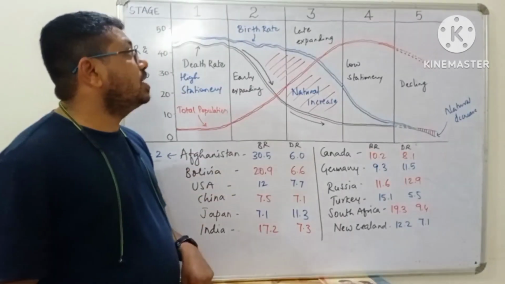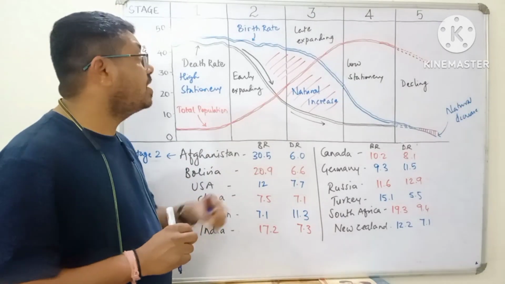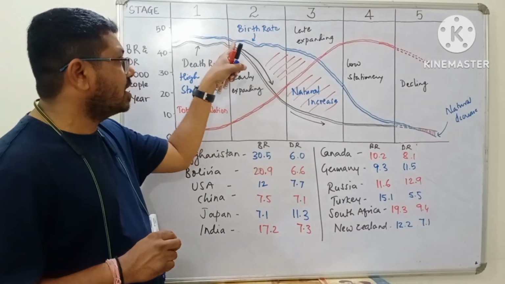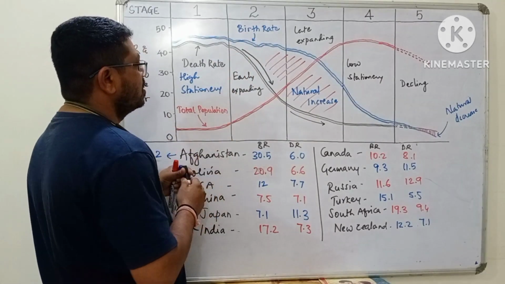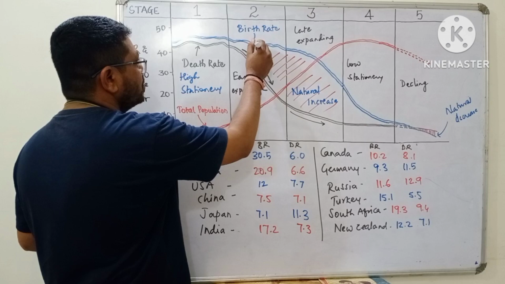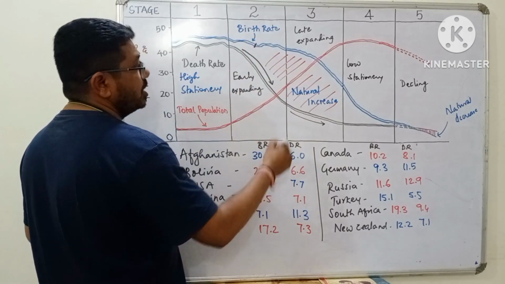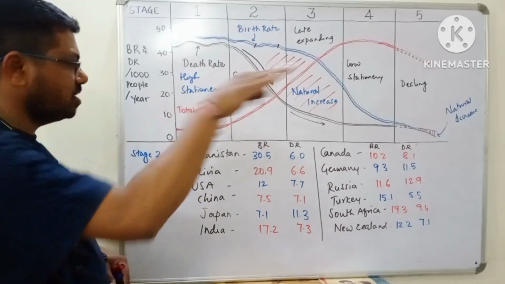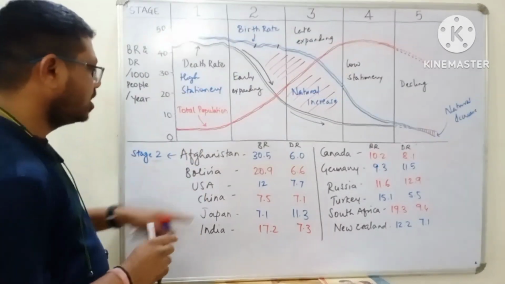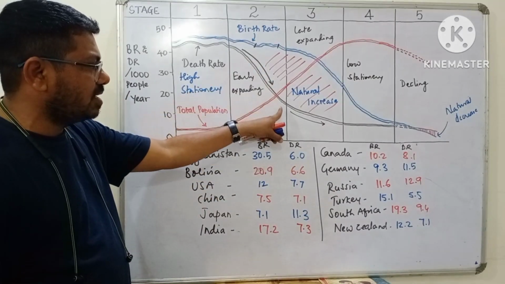Bolivia's birth rate is 20.9. Again, 20.9 is also a very high birth rate. Bolivia is close to stage 3, but the death rate is 6.6, which means there is a huge gap between birth rate and death rate.